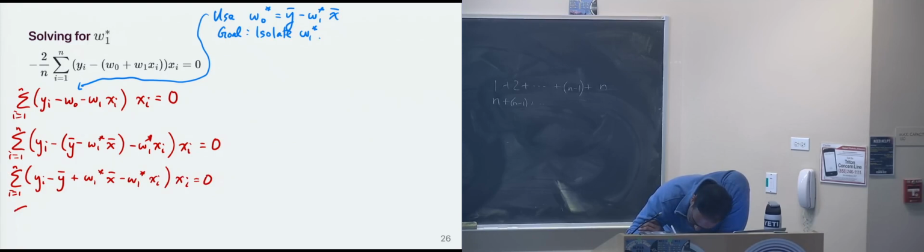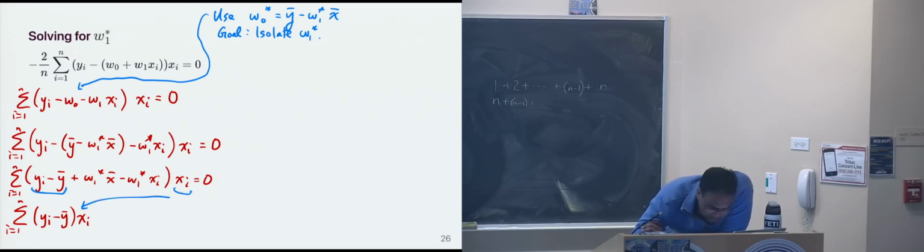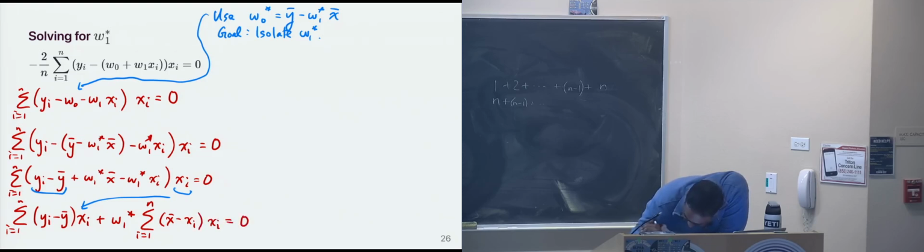And so I can write this as this, where this term and this come together here, minus w1 star times the sum of x bar minus xi, plus xi equals 0.